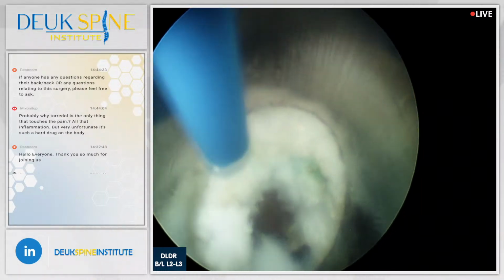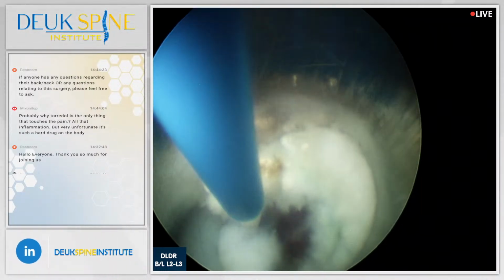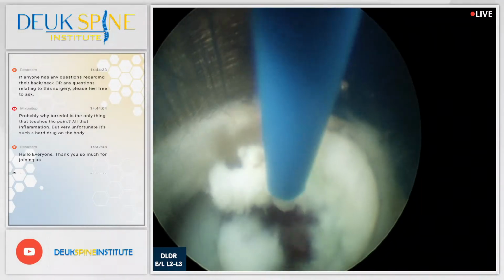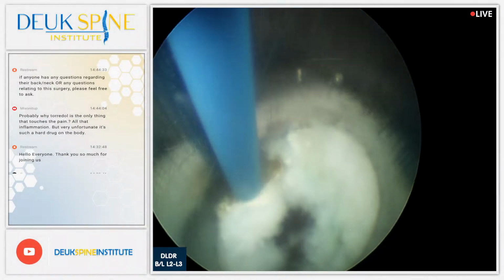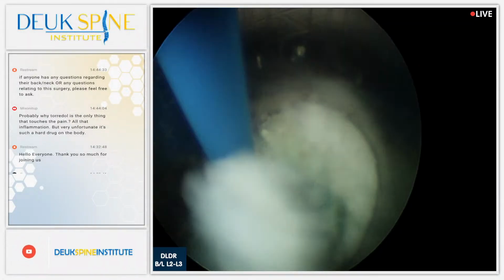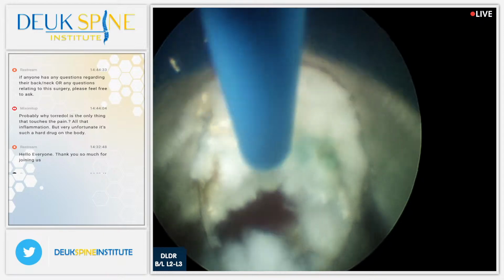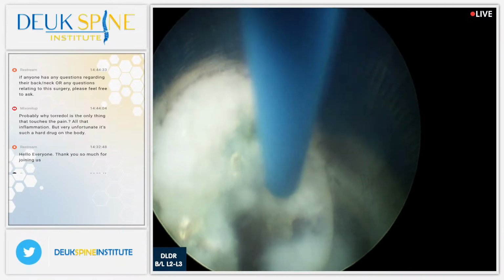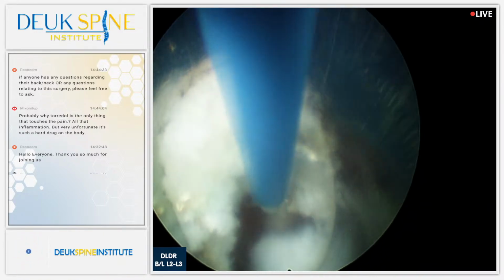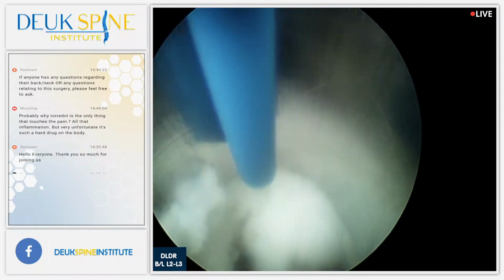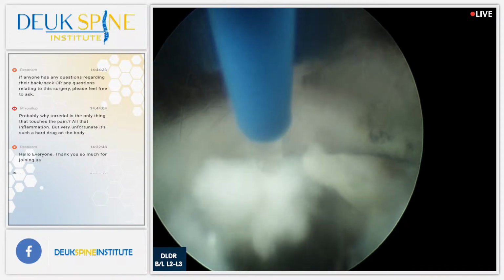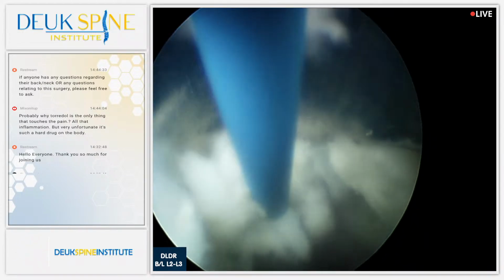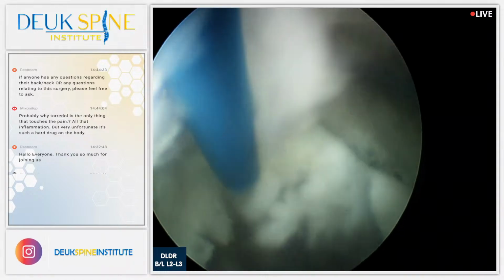The only thing not white is fat, which is yellow, and blood vessels, which are red, and the ligamentum flavum, which is yellow. But aside from that, everything else should be white. And you see a blue herniation because it's degenerated, meaning it's been affected by the body's inflammatory system.